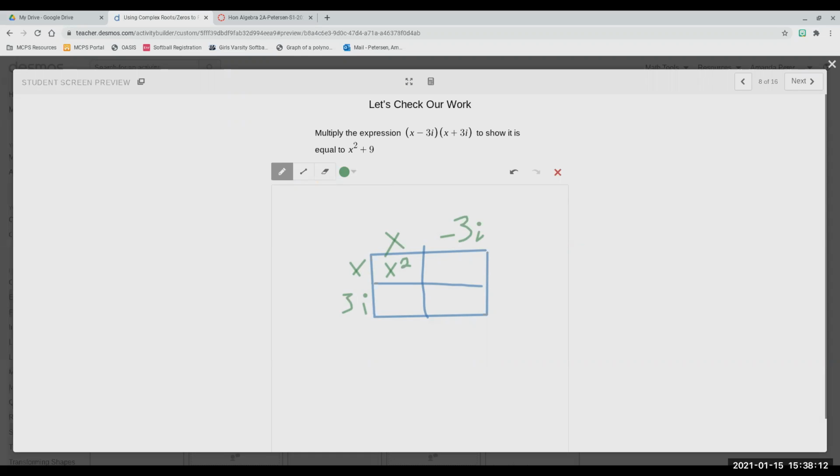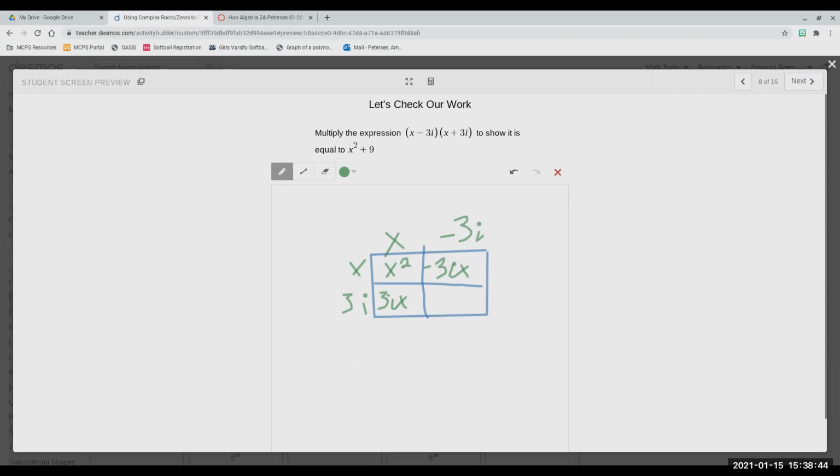Well, remember, 3i is just a number. So in the same way I multiply, say, 5 times x to get 5x, I multiply 3i times x in the same way. So my answer is just 3ix. I know it's weird with those 2 letters back to back, but just remember that 3i is a number. Same thing for the other one, -3ix.